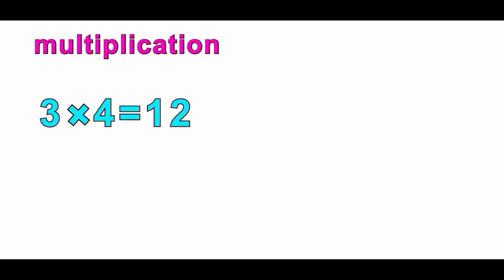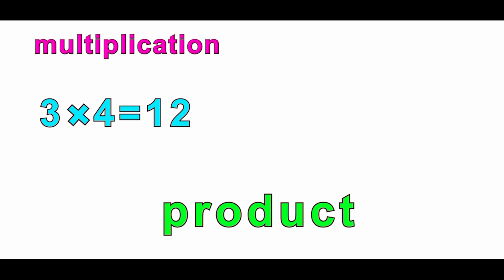Let's now move on to another operation, multiplication. The symbols used here are the multiplication sign or the times sign and the equal sign. The result of a multiplication equation is called a product. We read the whole equation like this: 3 times 4 equals 12.